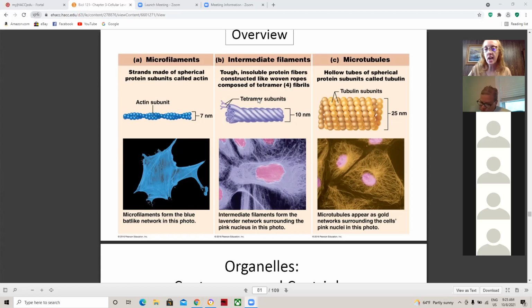These are the ones that are attached to desmosomes that help resist tearing and shearing forces. And microtubules are made of tubulin and are very important in cell division and transport of organelles throughout the cell.